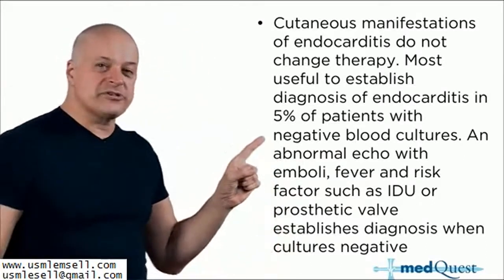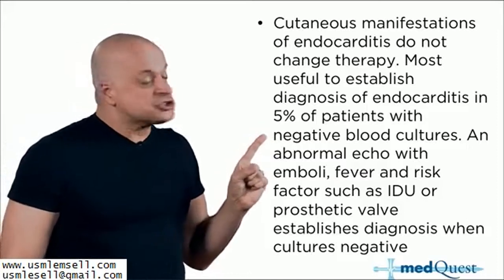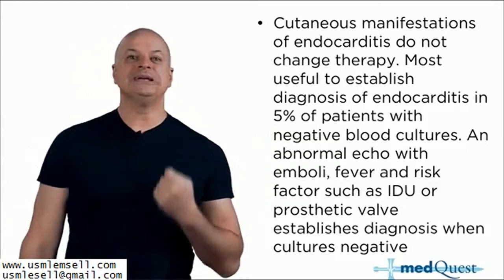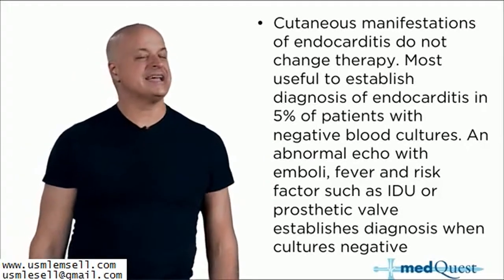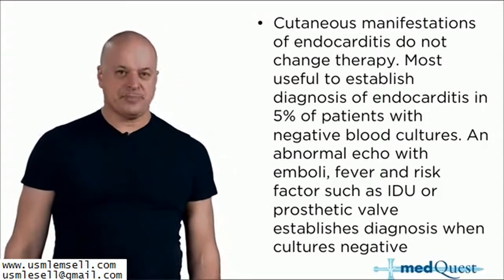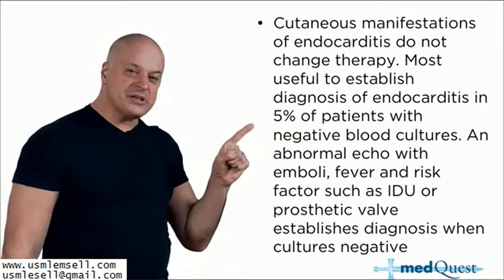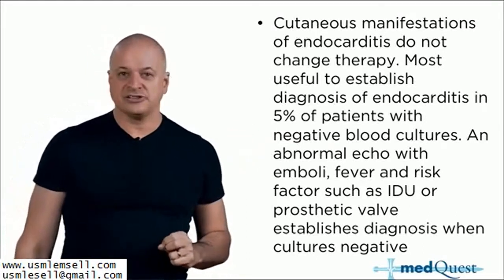Now, a small number of people, 1% to 5%, have negative blood cultures. So these signs can be useful to help you diagnose endocarditis in the small number of people who have culture negative endocarditis.